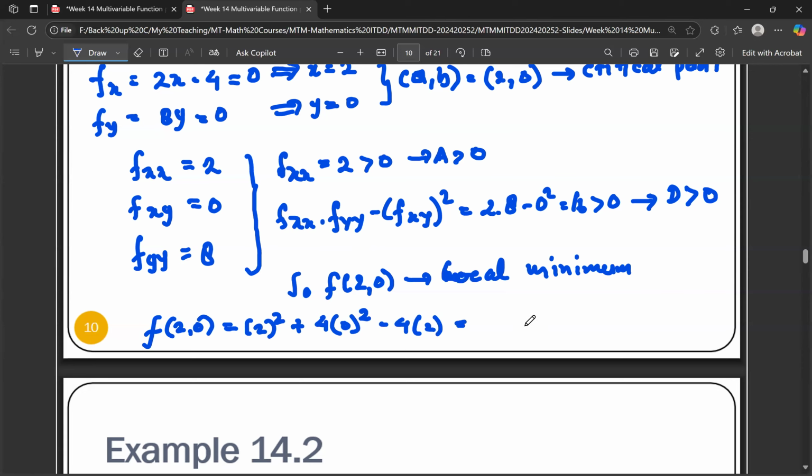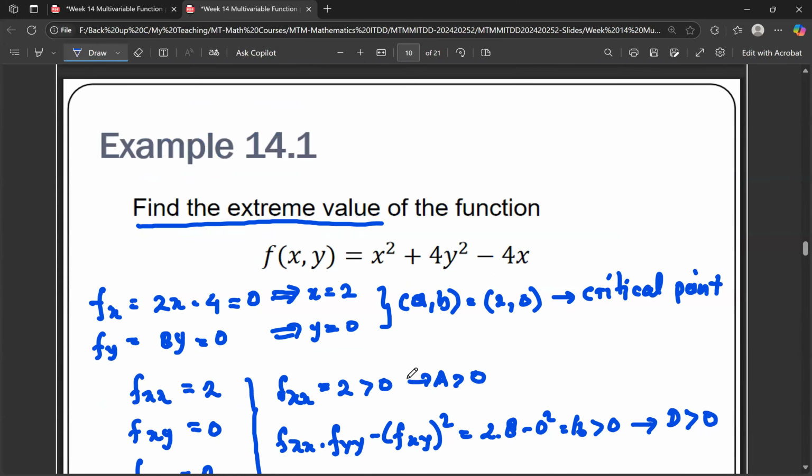So we have 4 minus 8, and this is minus 4. So this is the local minimum in this example.